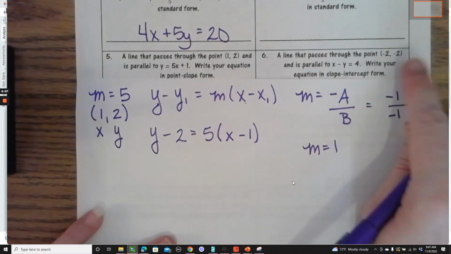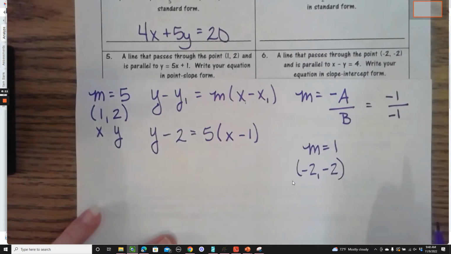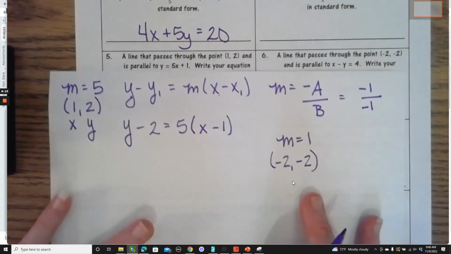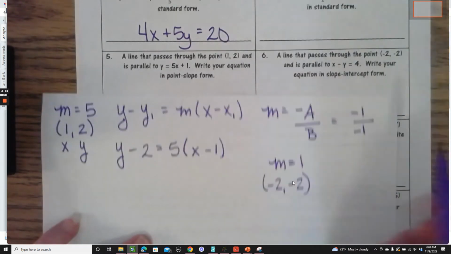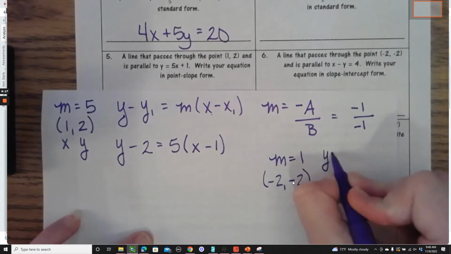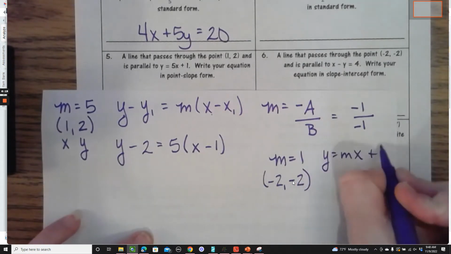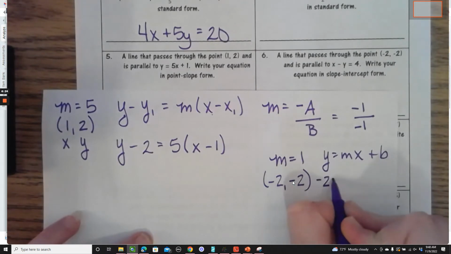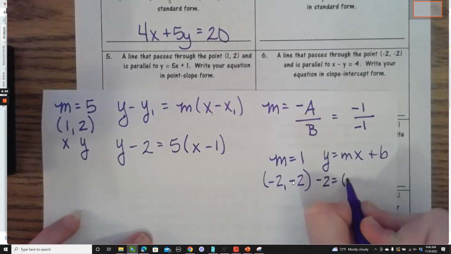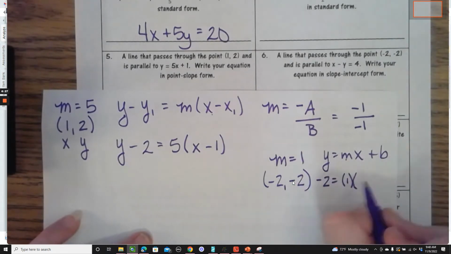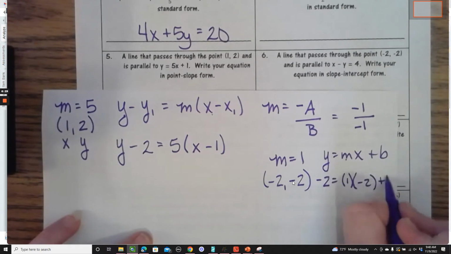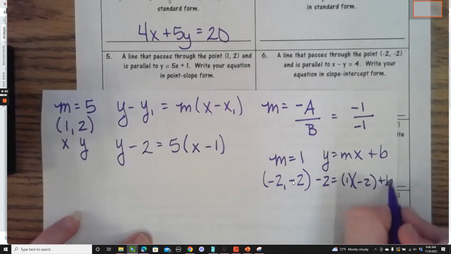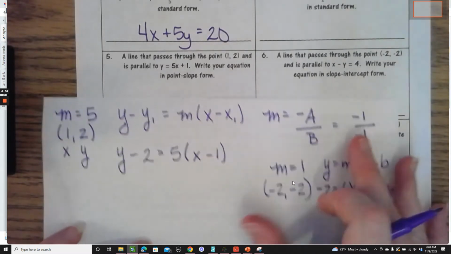And then they give you this point, negative 2, negative 2. What you've got to do is write it in slope-intercept form. So this is the one where you've got to solve it. So y is a negative 2, m is a 1, x is a negative 2 plus b. You're going to solve for that b value, and then you're going to rewrite your equation.